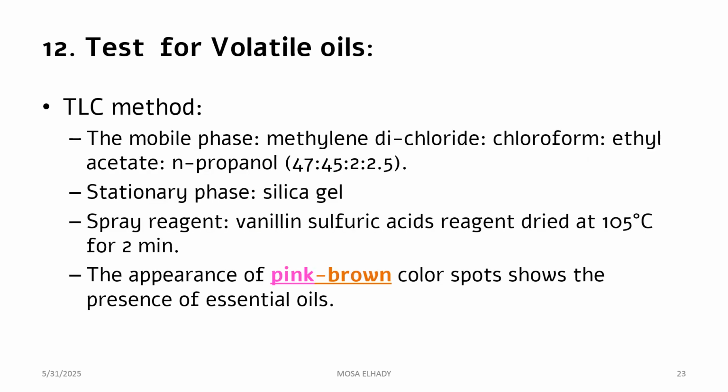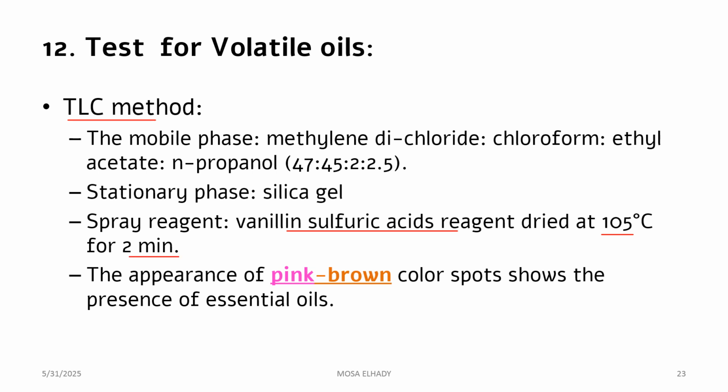Another test for volatile oil uses TLC, thin layer chromatography. It is a favorite test that can be used in general phytochemical screening because it is simple and cheap. For volatile oil, we also use the reagent vanillin sulfuric acid, with heating at 105 Celsius for 2 minutes.